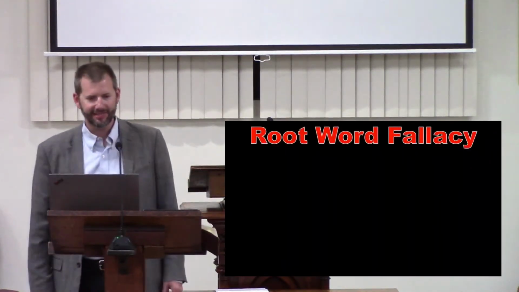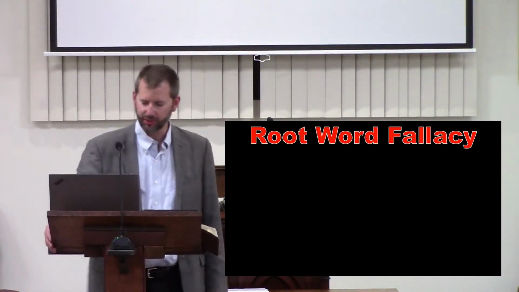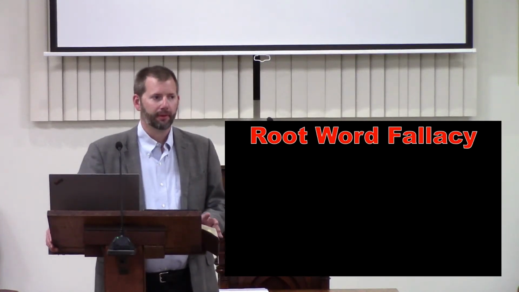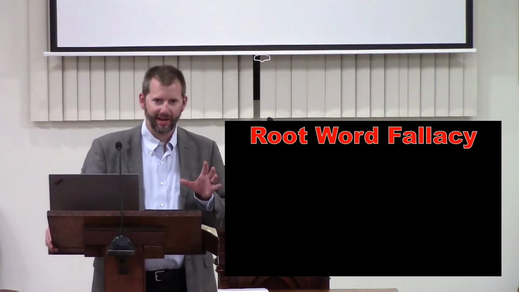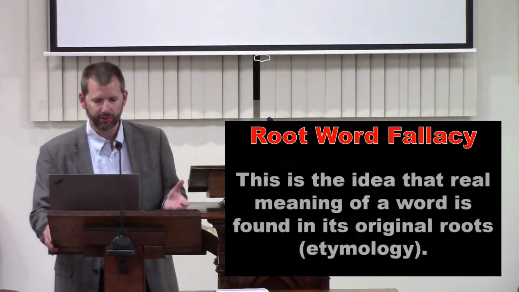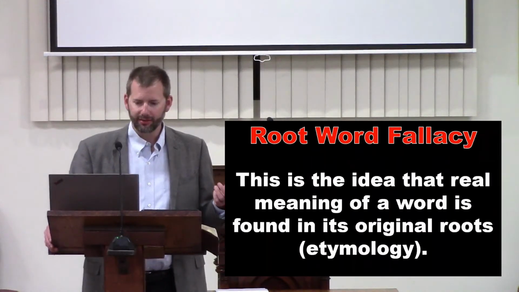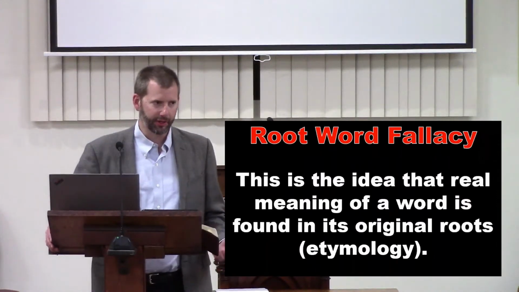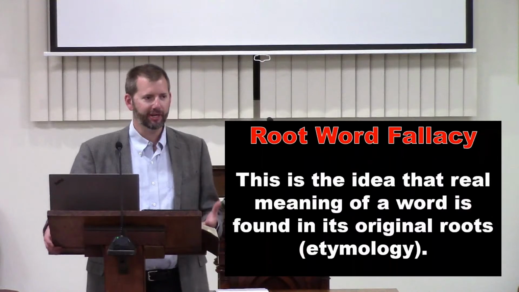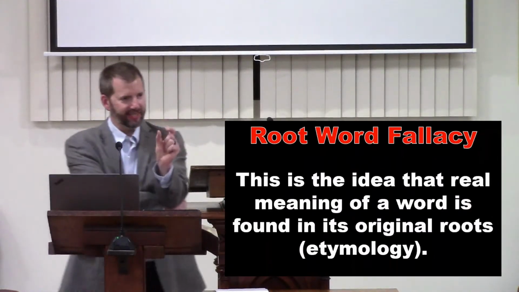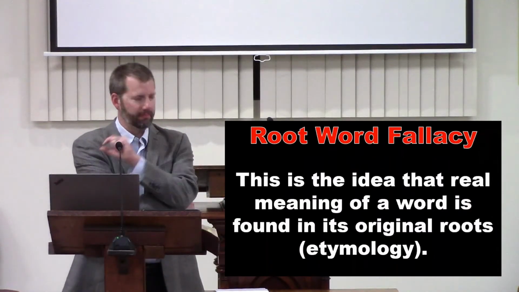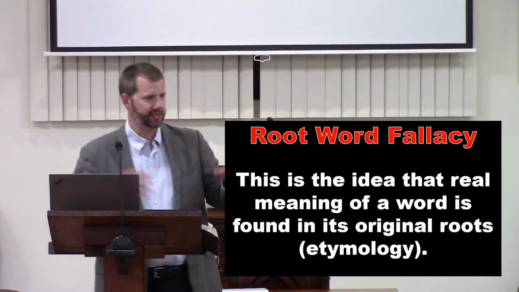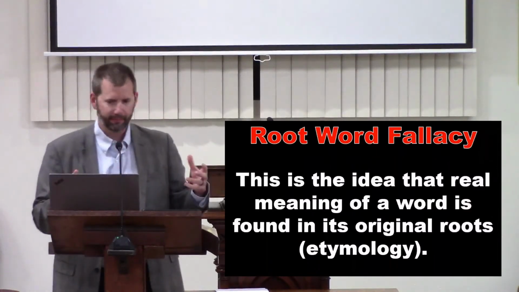Okay, the next fallacy is the root word fallacy. This one is interesting because it gets into the original language, but with people who have a shallow understanding of it. This is the idea that the real meaning of a word is found in its original roots or etymology. You'll often hear people who have just a little bit of knowledge waxing eloquent about how the root of this word is this, and so that means it actually means this thing.